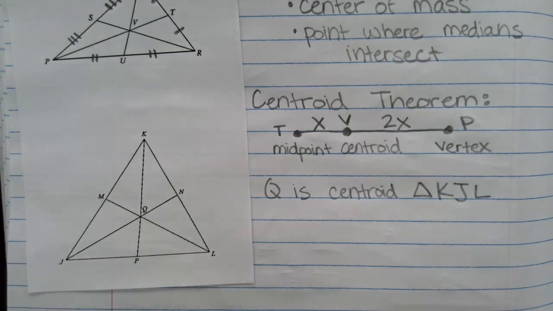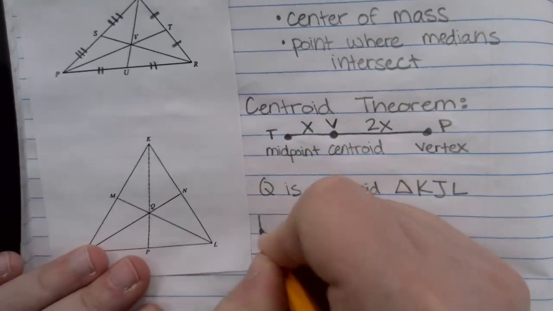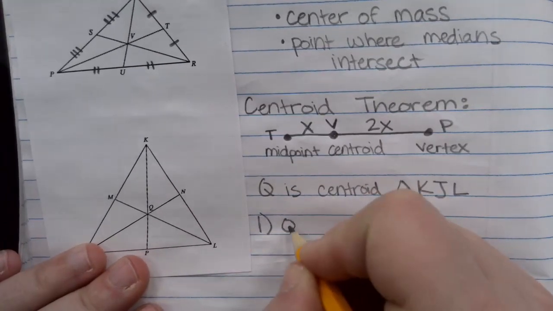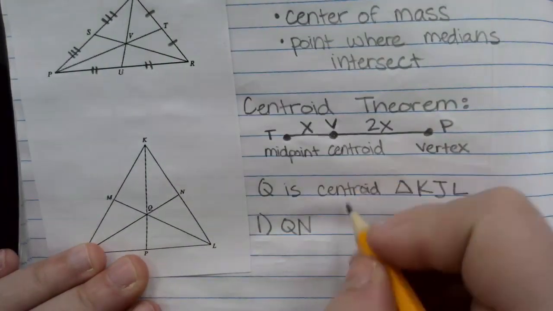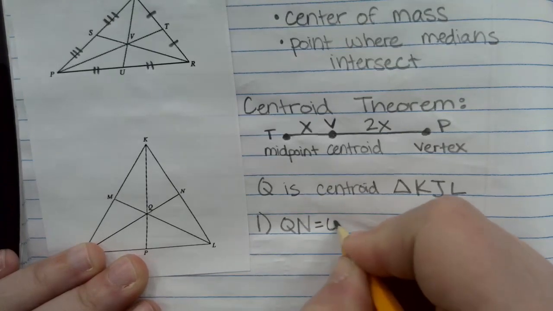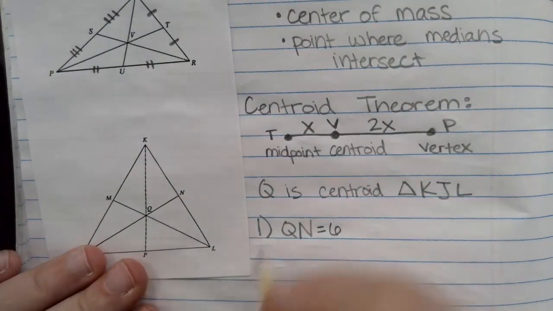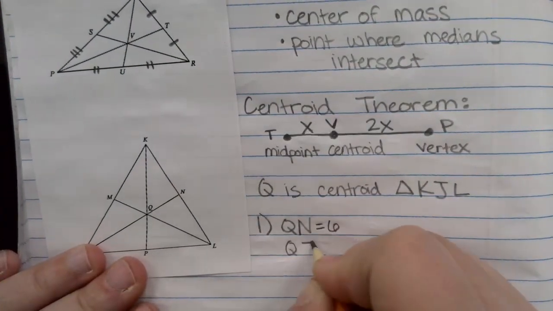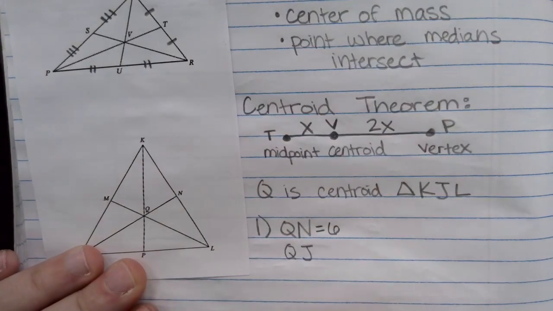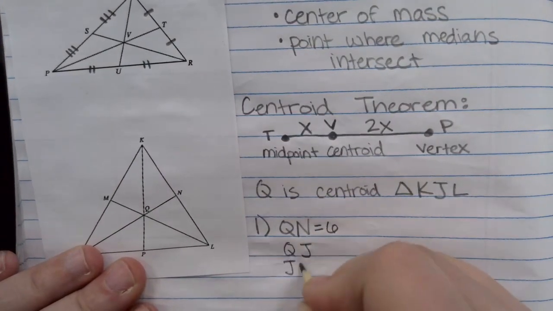All right, for problem number 1, if I say QN is 6, I want to know what is QJ, and I want to know what is JN.